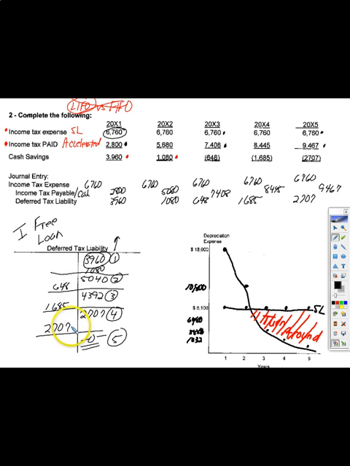It's not a formal loan by any means, but it is a system Congress set up by using an accelerated method for tax purposes to give cash savings in the short run, but then in the long run, the corporation pays back those cash savings, or that loan, if you will.